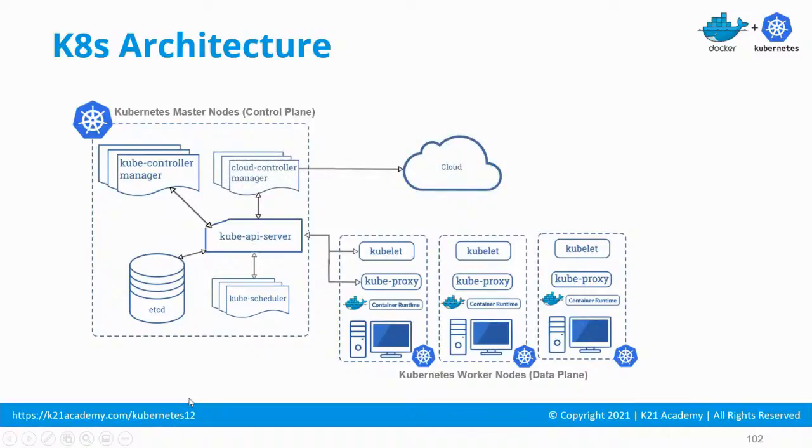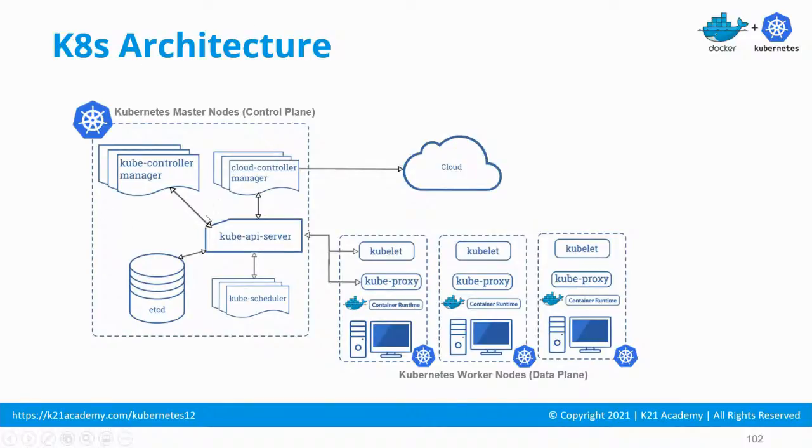You can check it out by going to k20academy.com/Kubernetes 12. And then you have another component called cloud controller manager, and this is where, if you're deploying Kubernetes on cloud, be it AWS like EKS, Elastic Kubernetes Service, or Google Kubernetes Engine on Google Cloud, or Azure Kubernetes Service, AKS, all these need underlying machine access, they need storage, they need networking.